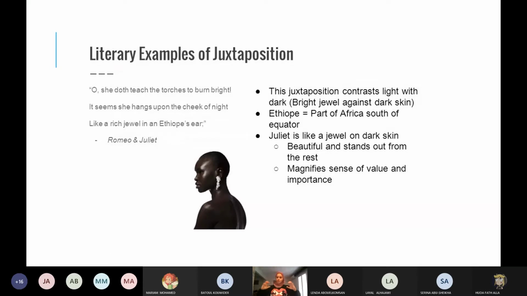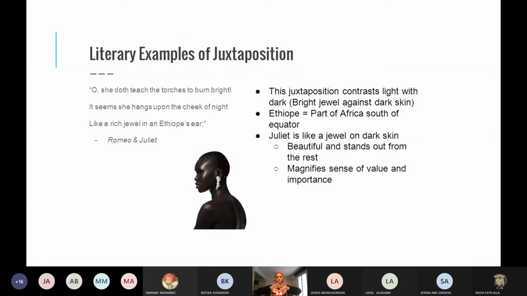Juxtaposition is when you get two things that are unalike, like water and fire, like black and white, dark and light. Why? Because, even as you took it in Arabic, opposites emphasize the differences.